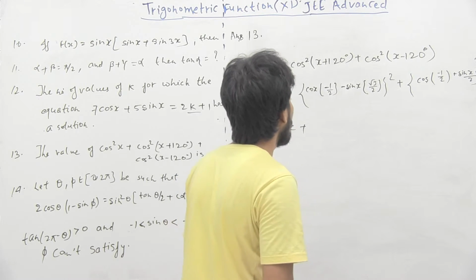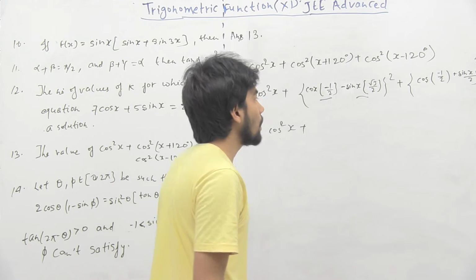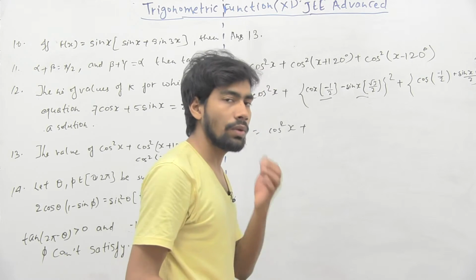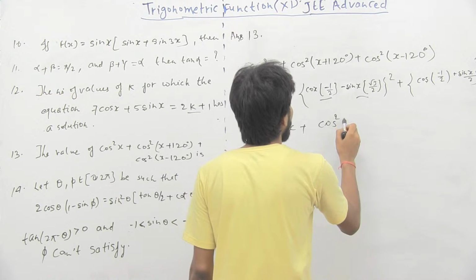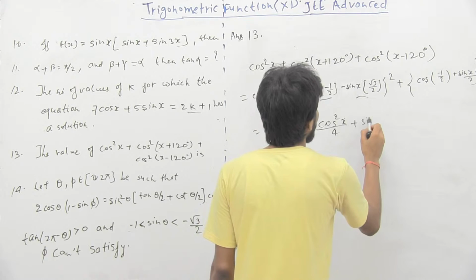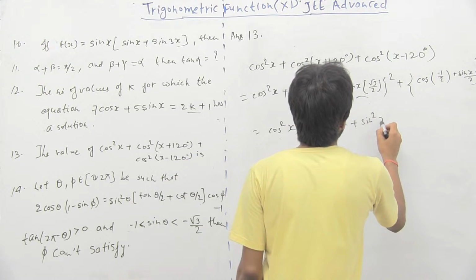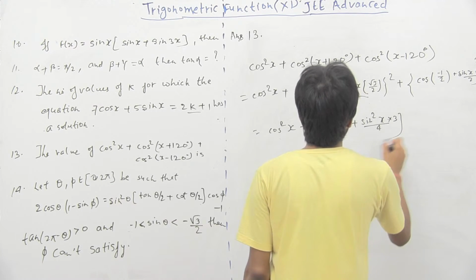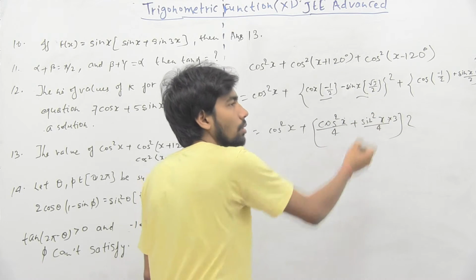When we square these terms, a square plus b square will remain, but 2ab will cancel in both the terms, and we will be left with cos square x by 4 plus sin square x into 3 by 4, and these are the remaining two terms in both the terms.